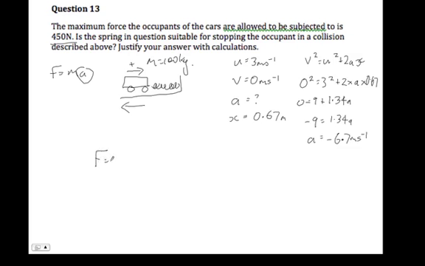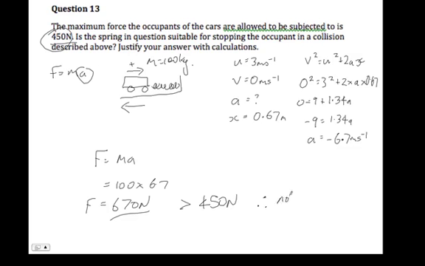So now we do F equals ma, the force is the 100 kilos times by the acceleration of 6.7, so that's 670 newtons, and 670 newtons is more than the maximum force allowed, which is 450. So therefore, is the spring suitable? Therefore not. It's not a suitable spring.